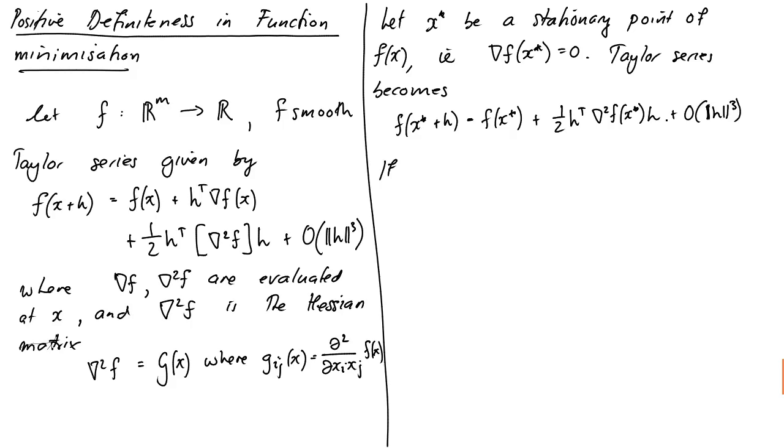Now, if our Hessian here, an m by m matrix, is positive definite, then basically, no matter which direction we go away from x star, this is going to be a small positive number. No matter what h we choose, we're going to be going upwards.